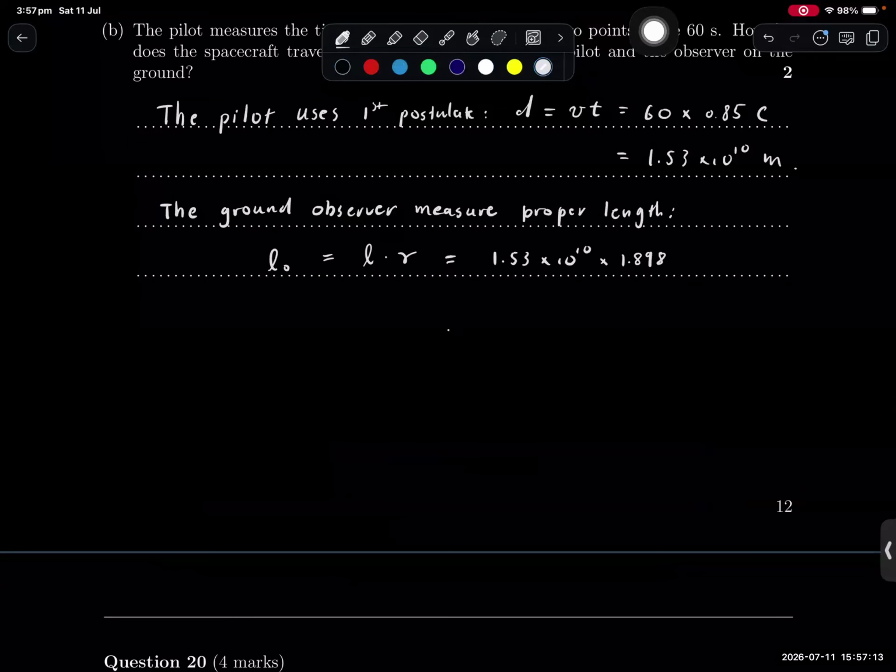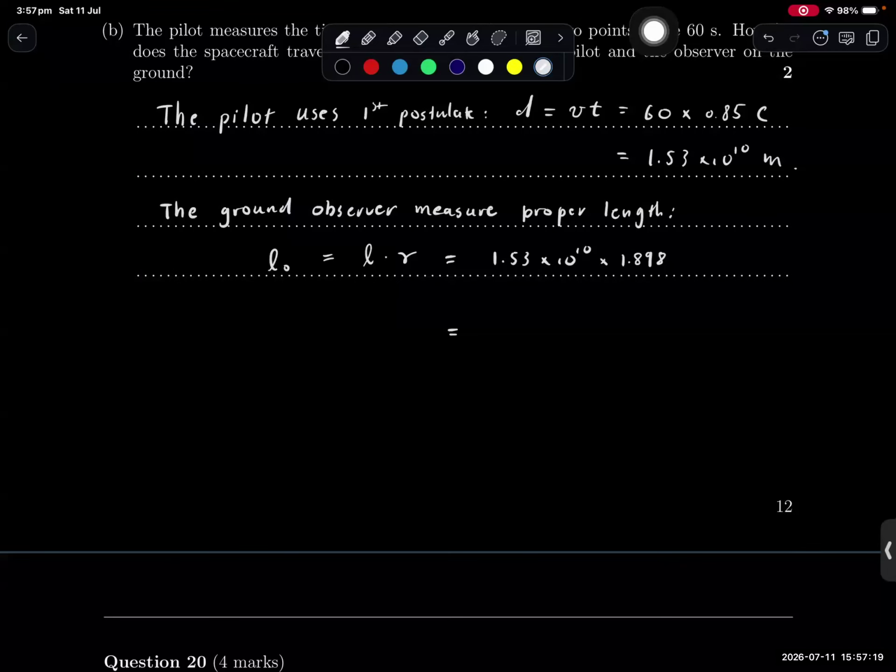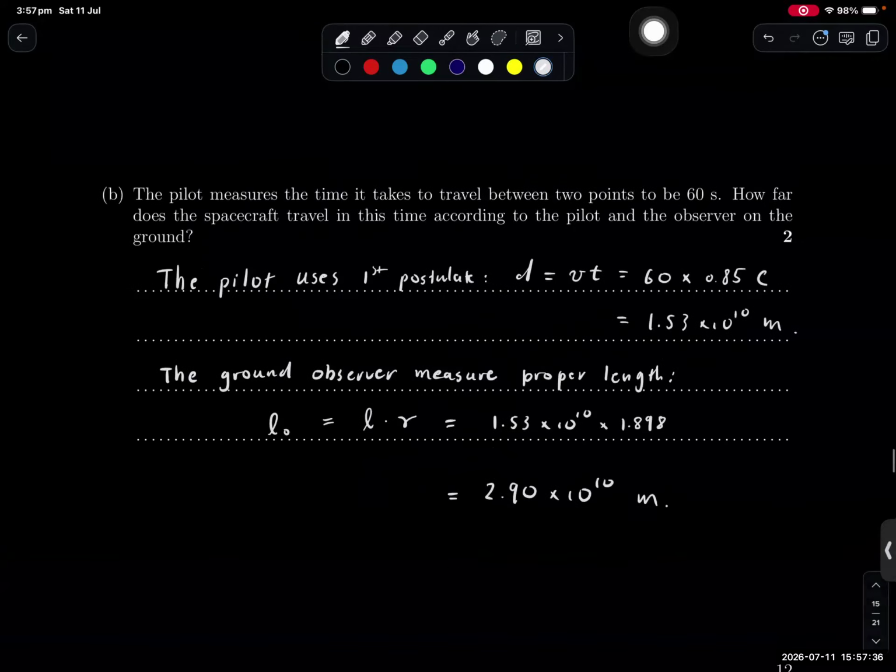Okay, give me a sec for this value to compute. This computes to 2.90 times 10 to the power of 10 meters.